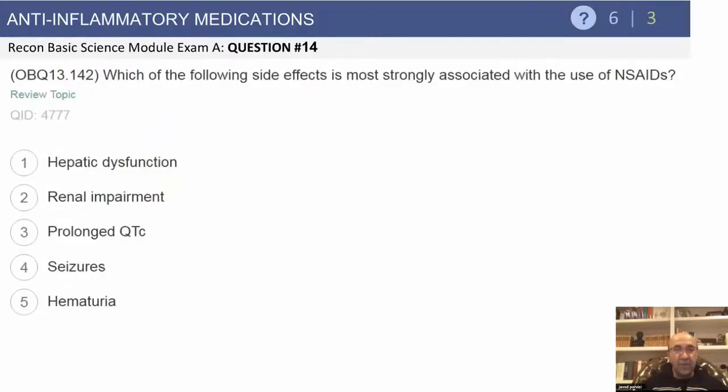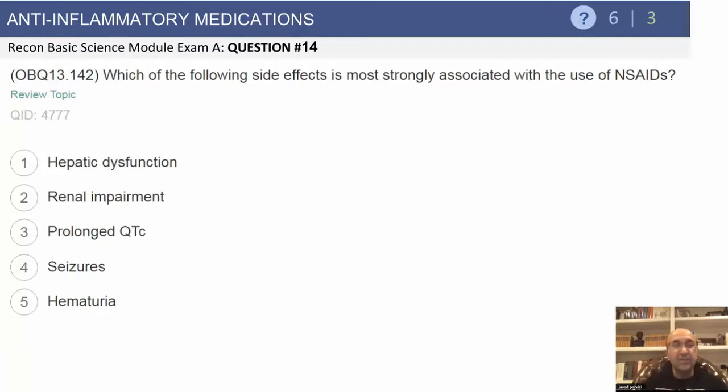Which of the following side effect is most strongly associated with use of NSAIDs? Another group of drugs that get asked in the exam. So as you know, NSAIDs can result in cardiotoxicity, all of them. And in fact, so do COX-2 inhibitors, and hence the story of Vioxx and Celebrex.